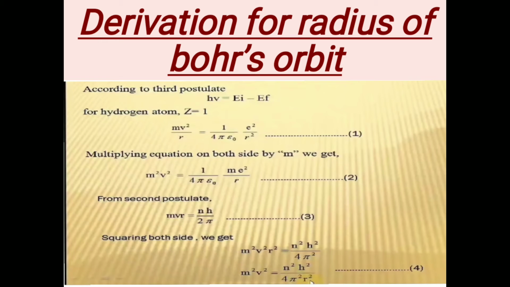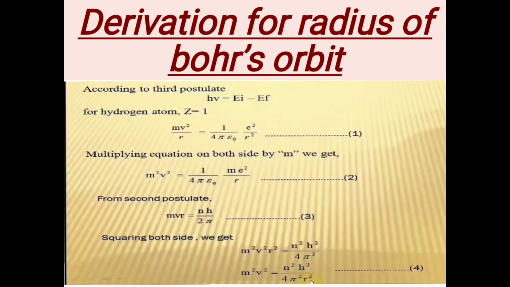Squaring both sides of equation number 3, we get m square v square r square, which is equal to n square h square divided by 4 pi square. Now rearranging this equation, m square v square is equal to n square h square divided by 4 pi square r square. Here we keep r square in the denominator on the other side.